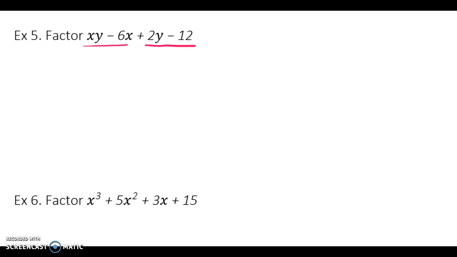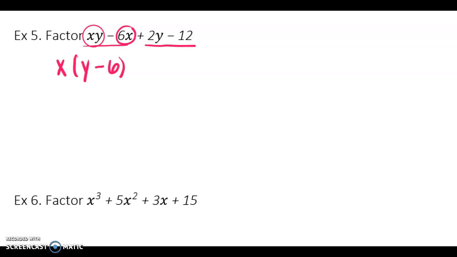What do these first two, xy and minus 6x, have in common? So number-wise, they don't have any numbers in common. And then what about the variables? I could factor out an x, right? If I factor out an x, you're just left with y. And if you factor out an x out of this, you're just left with minus 6.